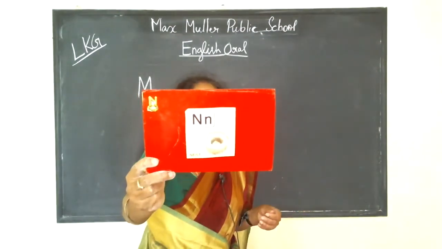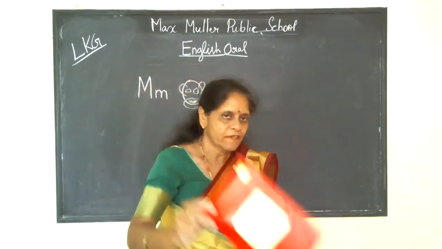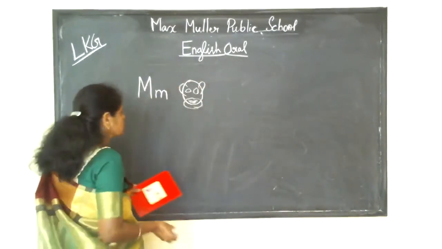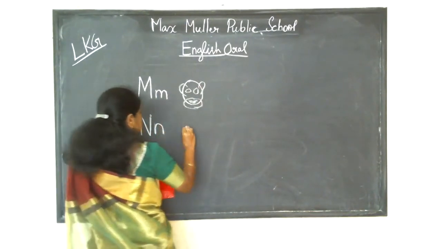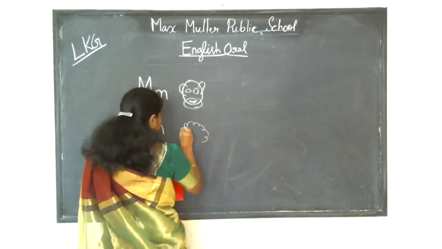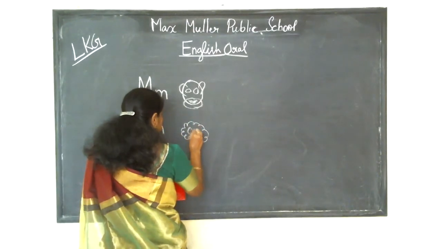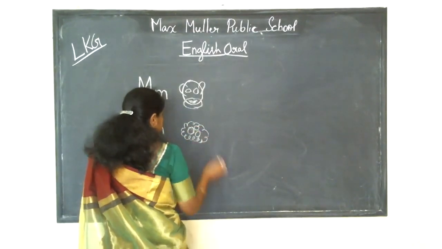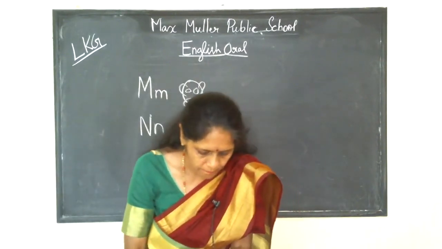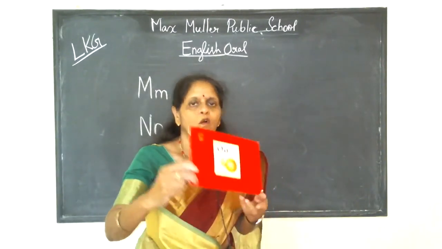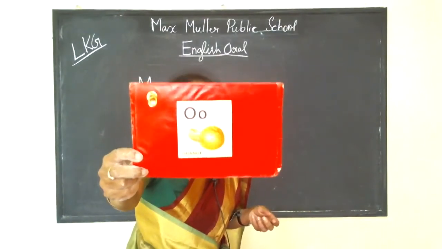Capital N, small n. N for nest. N for nest. Next. Capital O, small o.